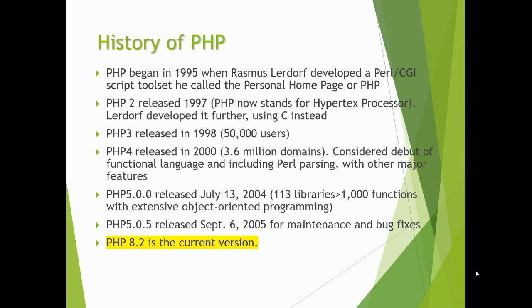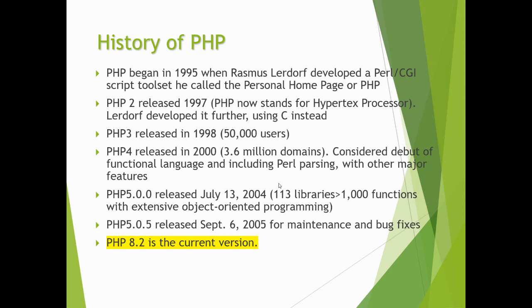The history of PHP. So PHP began in 1995 when Rasmus Lerdorf developed a Perl CGI script tool set he called Personal Home Page, or PHP. So basically, whenever you come to the full form of PHP, sometimes people call it personal home page.